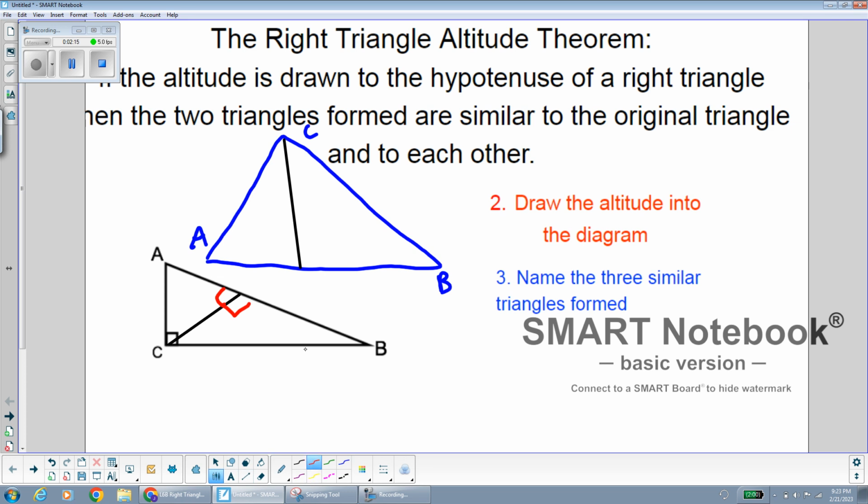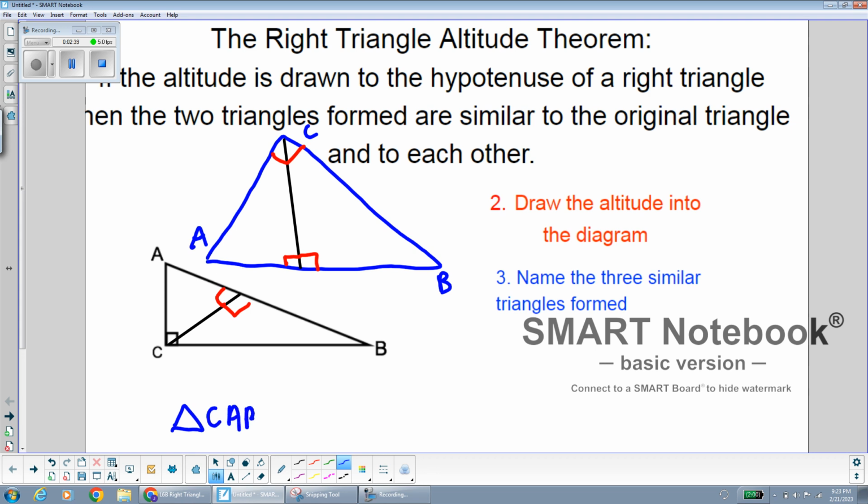The reason I'm redrawing the triangles flipped upwards is to make it easier to see what the corresponding parts are. So first I'm going to name the big right triangle, and I forgot to put in the right angle at angle C. So I'm going to name the big right triangle CAB.